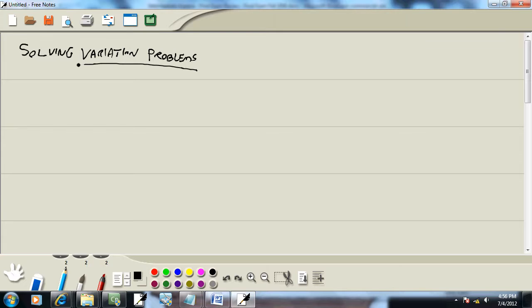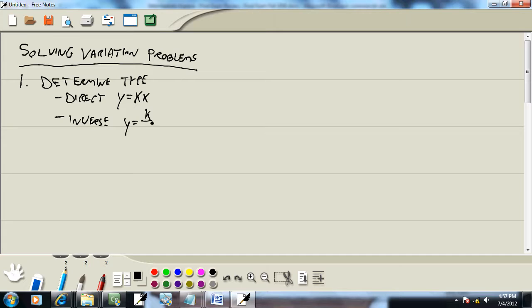So, solving variation problems. Our first step, determine the type. You'll have direct, which is typically of the form y is equal to kx. Now, k is a constant that you'll find, a number. You have an inverse, and that's of the form y is equal to k over x.